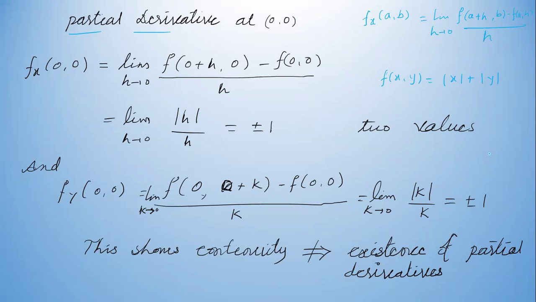Here the modulus function gives a negative value for h less than 0 and a positive value for h greater than 0. This is the graph of the modulus function. Therefore, we get two values for this partial derivative, so the partial derivative does not exist.